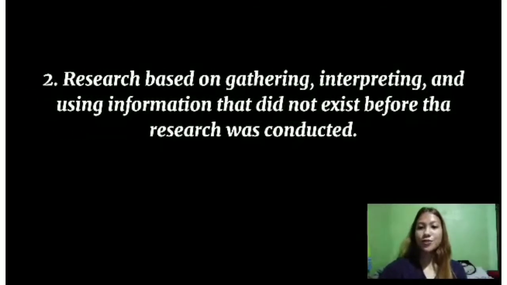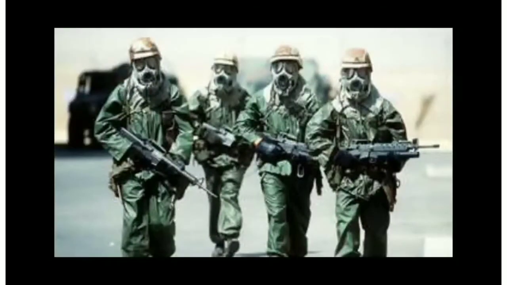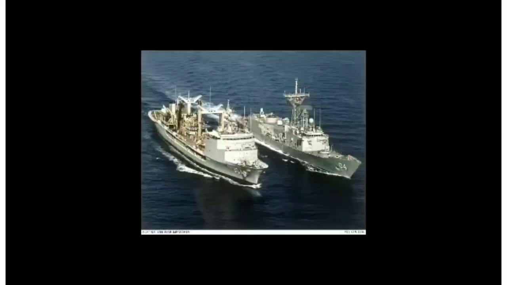Second is research based on gathering, interpreting, and using information that did not exist before the research was conducted. This could be exemplified by a research that involved interviewing Australians who had served in the Gulf War and drawing conclusions about the impact of the war on their lives would be generating new data.